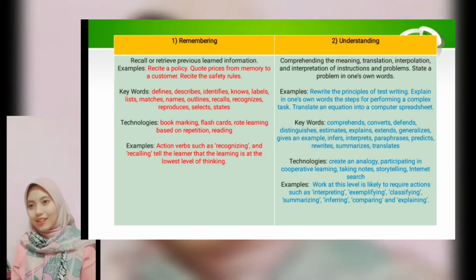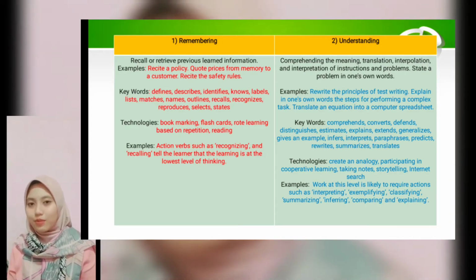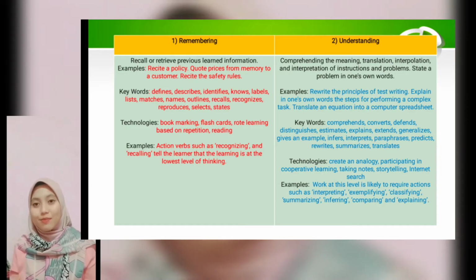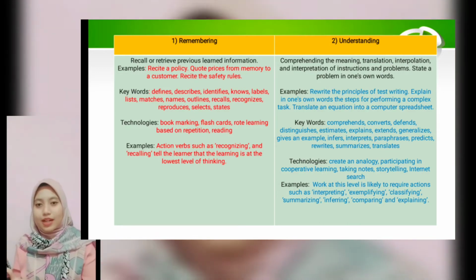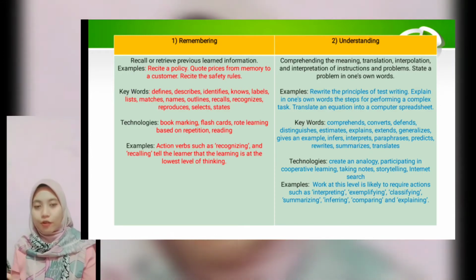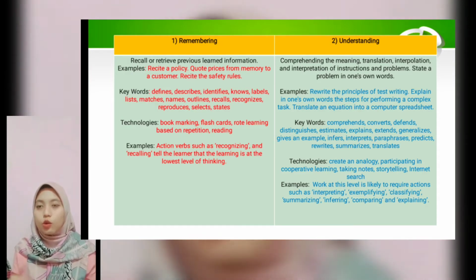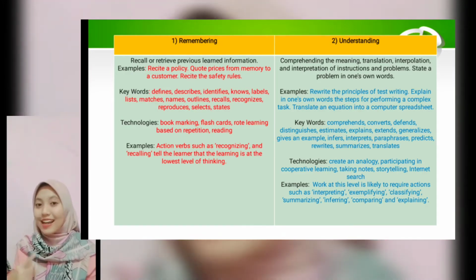For the second level of Bloom's taxonomy theory, we are moving to understanding. After your students are remembering, for example, the parts of the human body in the science subject, you can teach them to go on to the next level, which is understanding.